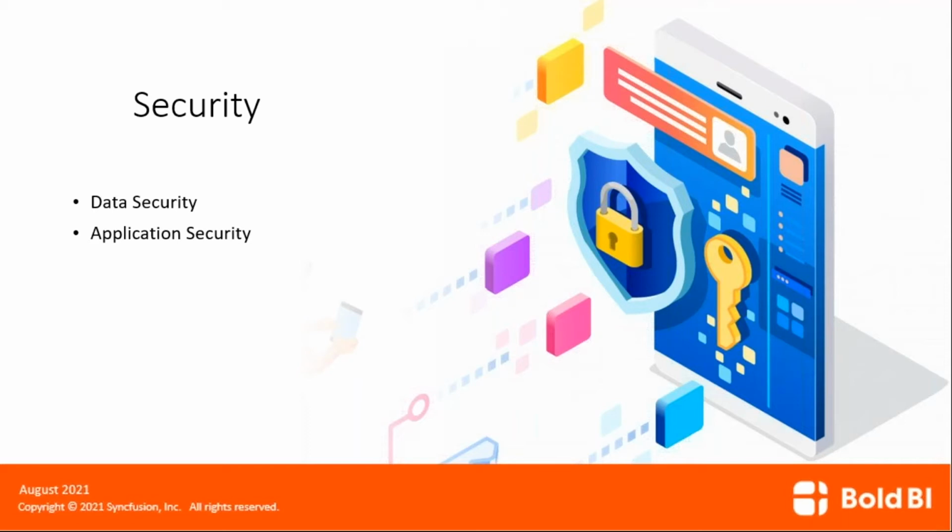That's how the data is secured in Bolt BI. On the application side, every Bolt BI product installation generates unique private keys on the customer machine. These private keys are used to encrypt and store sensitive data like passwords and connection strings. So these are all about the securities.